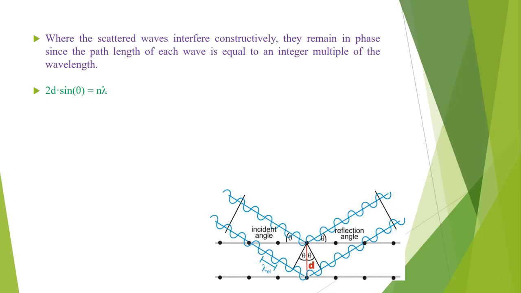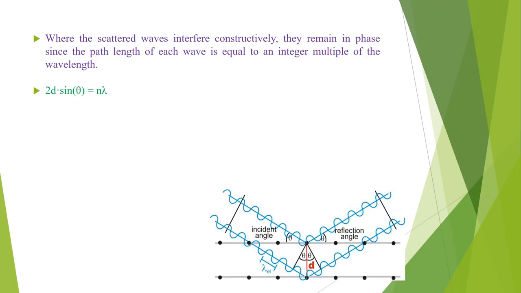Here is the pictorial elucidation of Bragg's equation, in which two different waves are coming and striking the different planes, and the wave that is striking the plane under the first plane is traveling a distance greater than the distance of the upper wave, and this distance is equal to 2d sine theta, and we can get this distance by the wavelength difference.